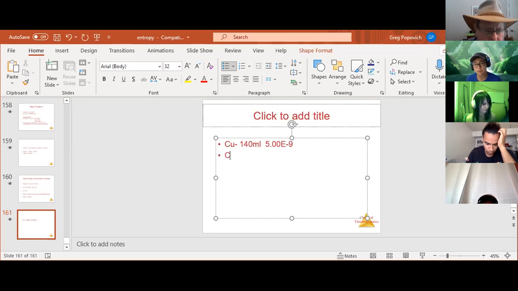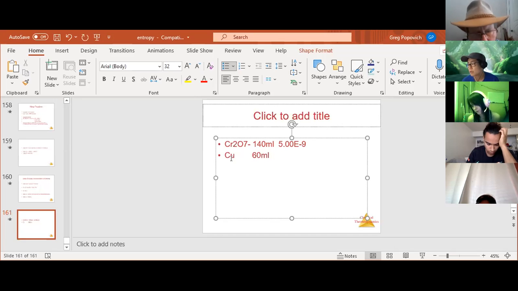Now how about the chromate? Oh wait, sorry, that one was for the chromate. And the copper was 60 milliliters of 6 E negative 9.